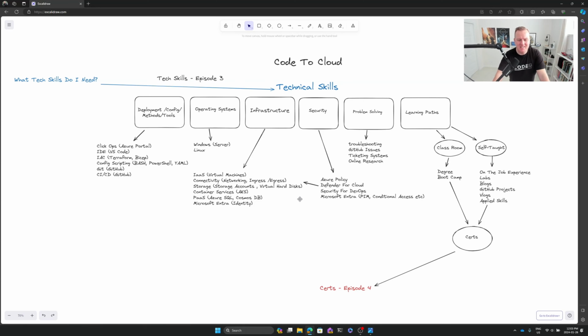And then there's container services. So stuff like Azure Kubernetes service, right? There are different ones out in the market. There's different ways. You could even deploy your own bare metal version of Kubernetes if you wanted that kind of pain in your life. But starting off with something like AKS, connecting to the cluster, understanding how it works, seeing how the control plane works, and seeing how the node pools work.